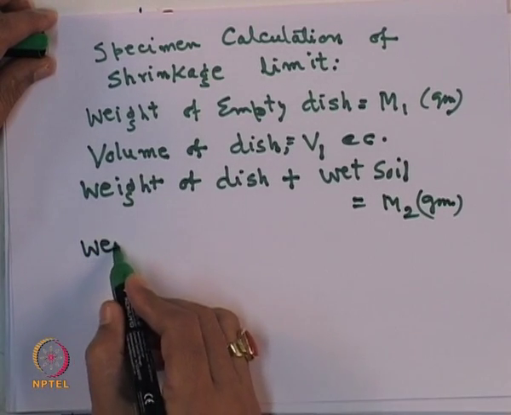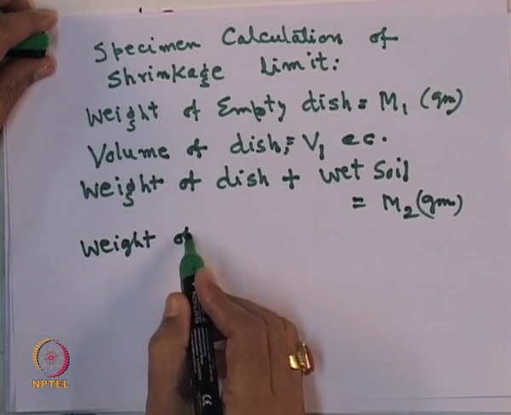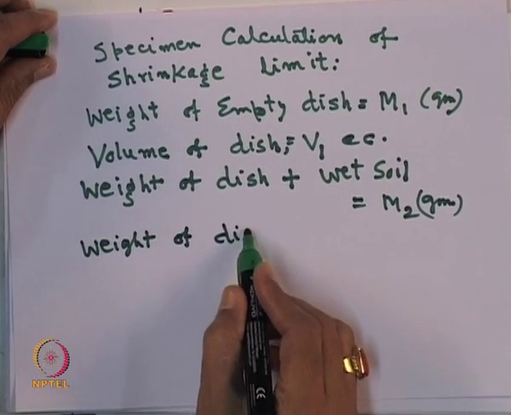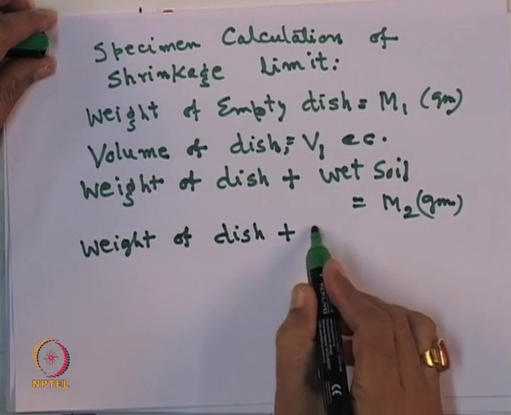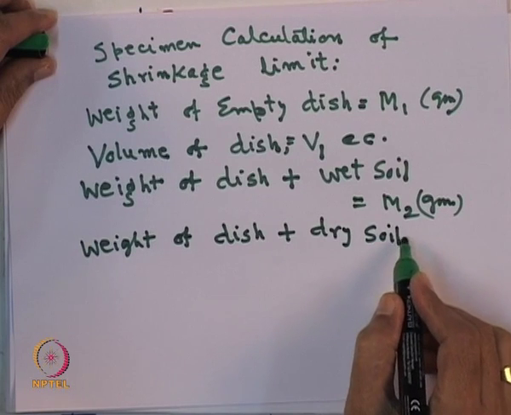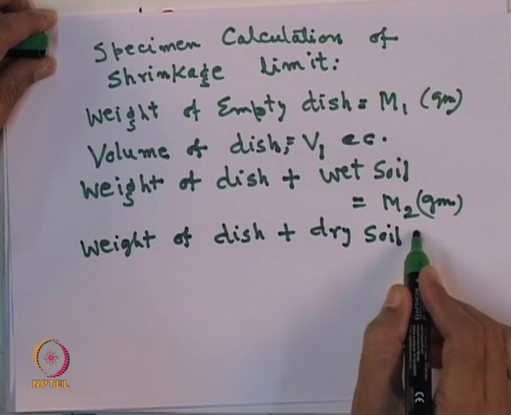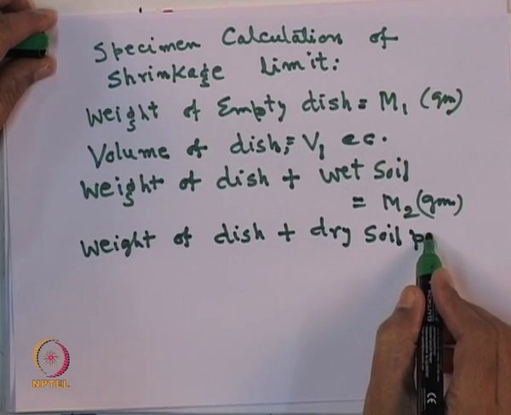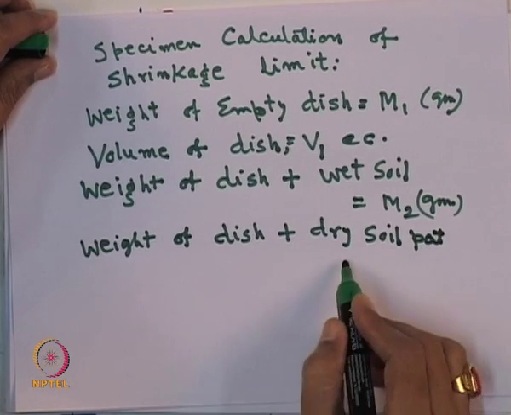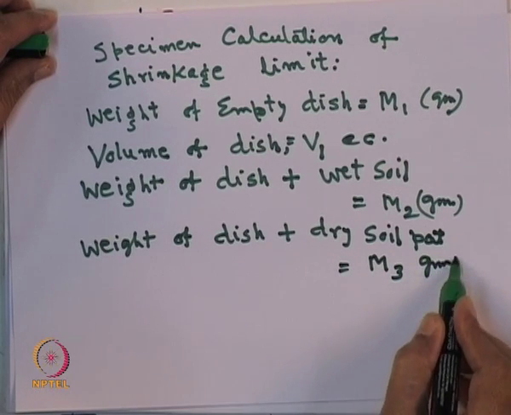Now, the weight of the dish plus dry soil, that is the pat, is equal to m3, in gram.